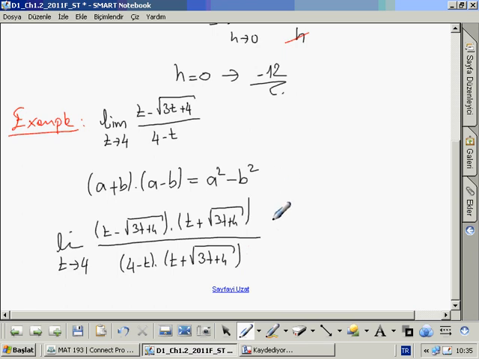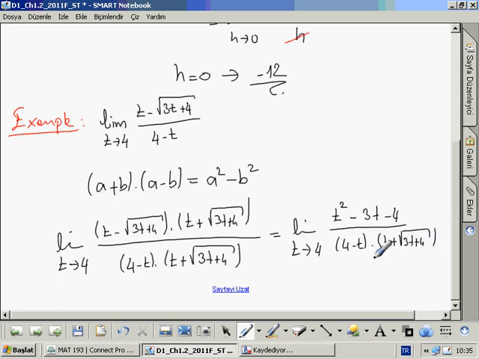And now the limit as t goes to 4, and the numerator part will be t squared minus 3t minus 4 over (4 minus t) times (t plus the square root of 3t plus 4) again.